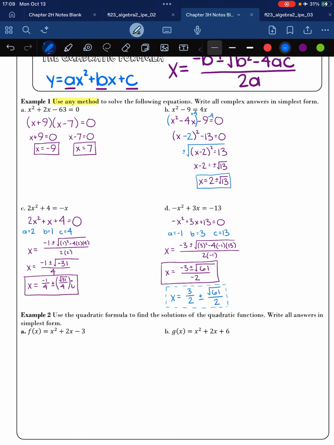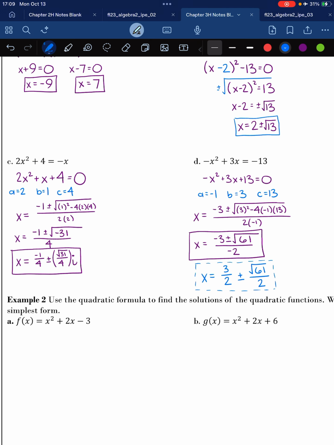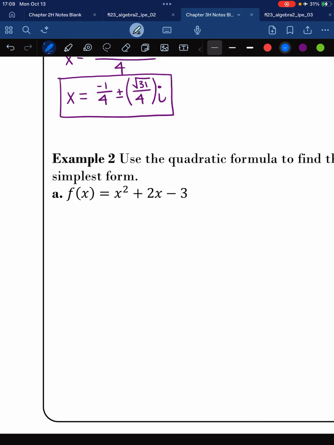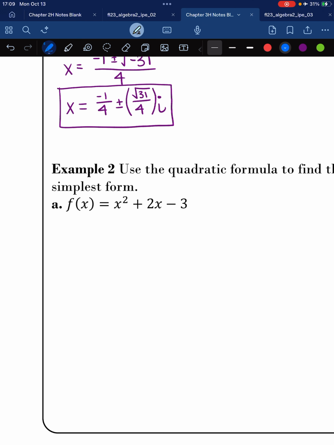All right, so example 2. Use the quadratic formula to find the solutions. Write all answers in simplest form. Alrighty, we can do that. So now I have to use the quadratic formula, which is kind of a bummer because factoring would work for this one. But follow directions. Got to practice. So quadratic formula.